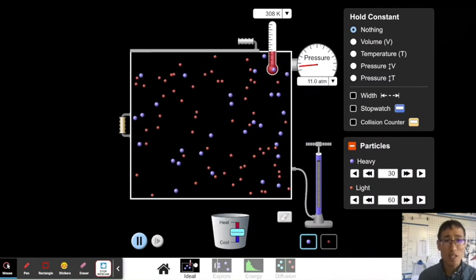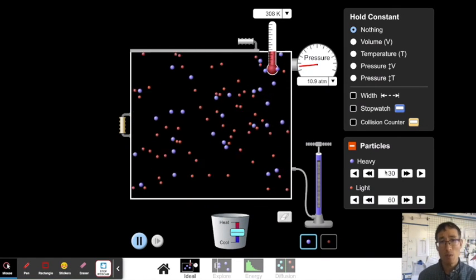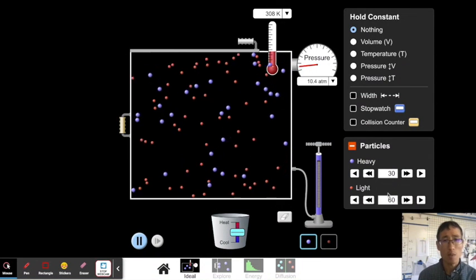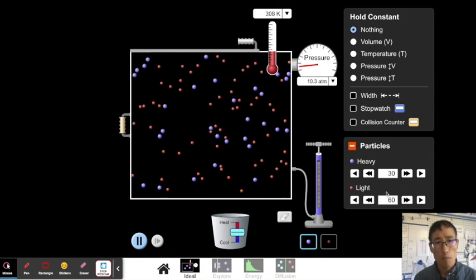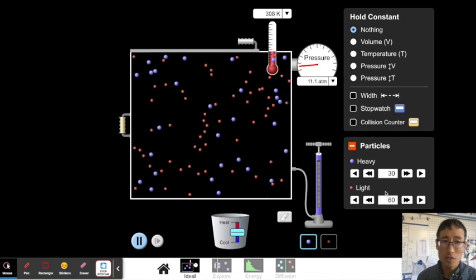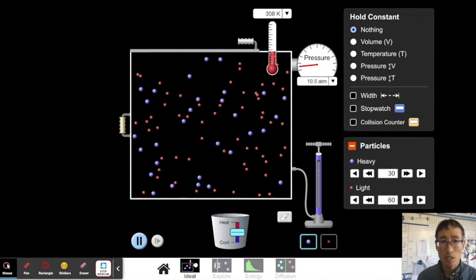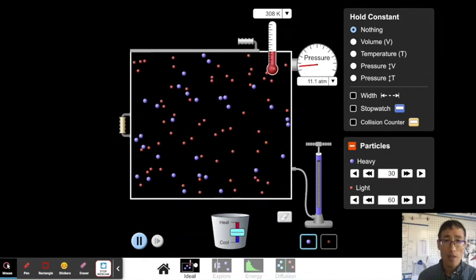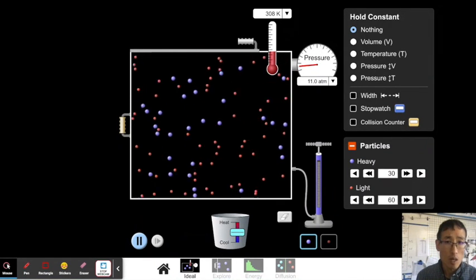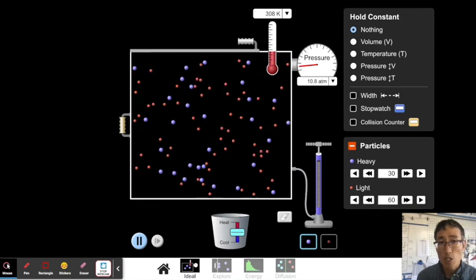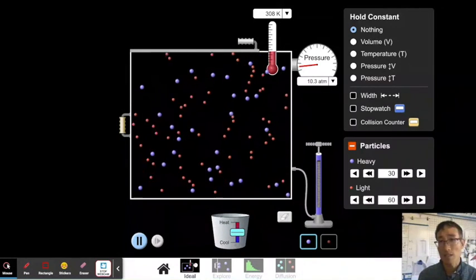Let's say that instead of 30 and 60, I'm going to use 0.30 moles of heavy and 0.60 moles of light. And the question now is, can I figure out the partial pressure of each of these gases?